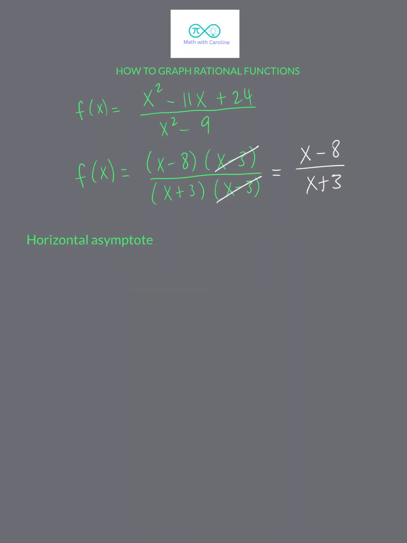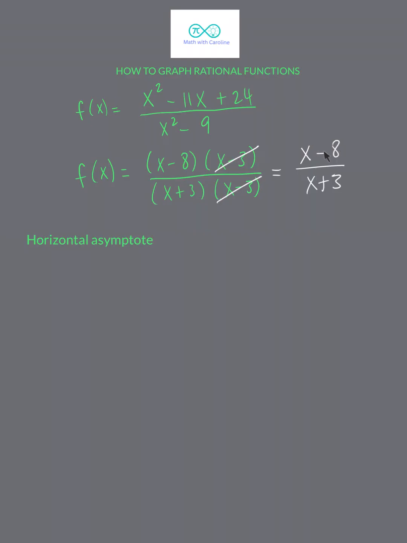Now let's figure out what the horizontal asymptote is for this graph. For the horizontal asymptote, you have 3 different scenarios that could happen, so you have to memorize these rules. The horizontal asymptote is all about the degree of the numerator and the degree of your denominator, since these are both polynomials. Your degree is the highest exponent of your variable. This technically has an exponent of 1, and so does this.